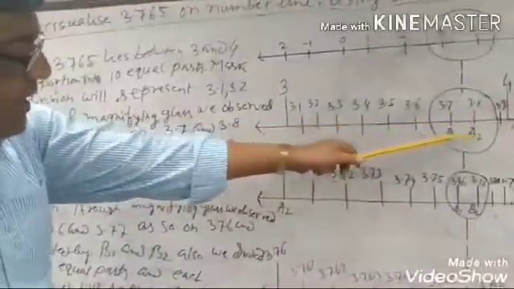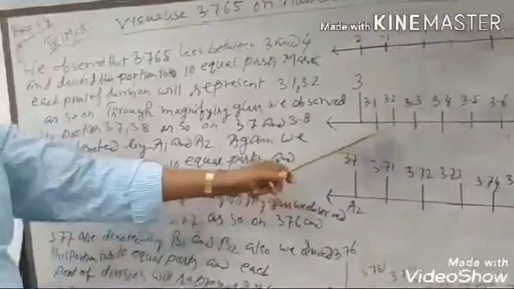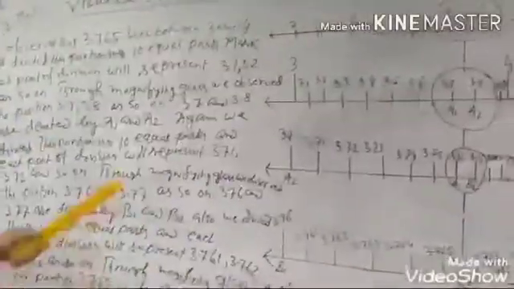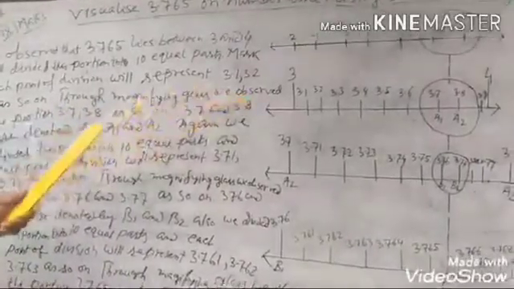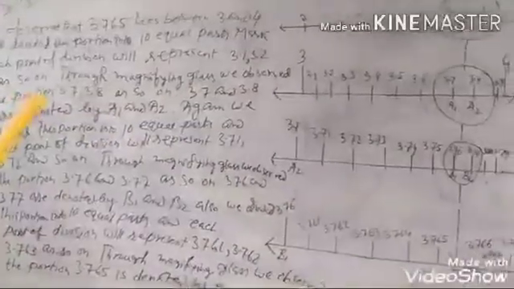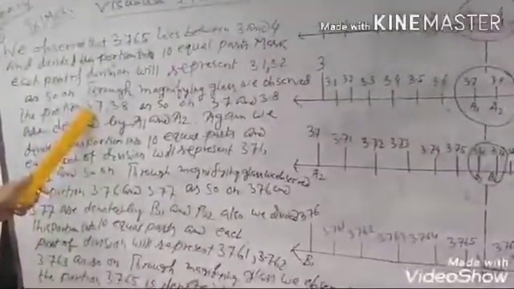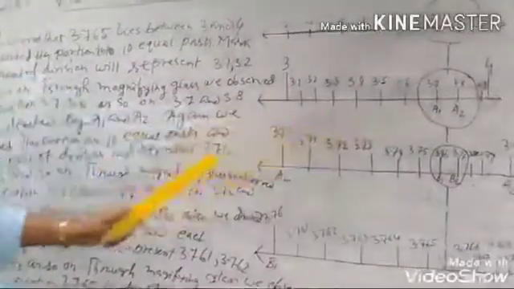The second figure, divide it into 10 equal parts. Through magnification glass, we observe the portion 3.7, 3.8.